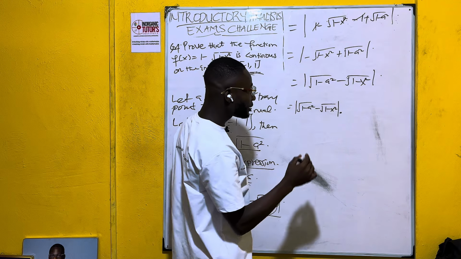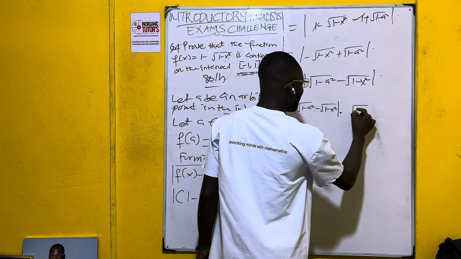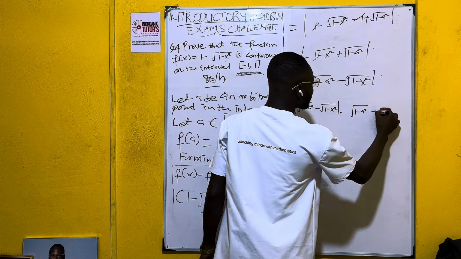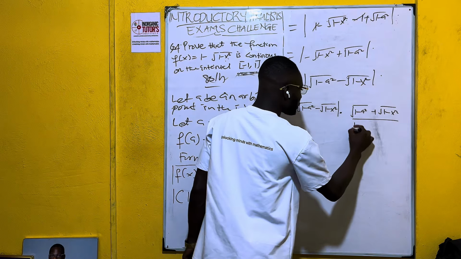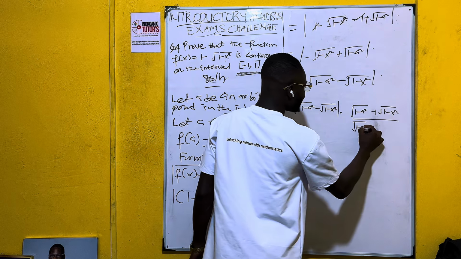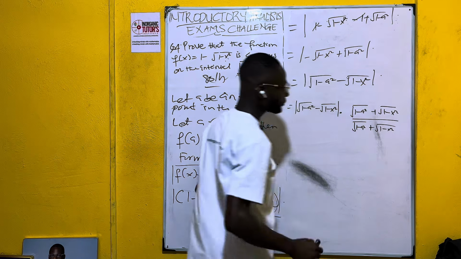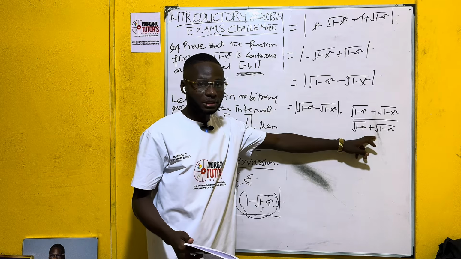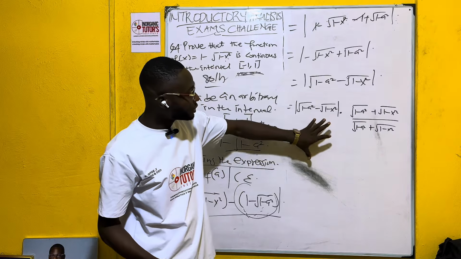The conjugate here is going to be square root of 1 minus a squared plus square root of 1 minus x squared, divided by square root of 1 minus a squared plus square root of 1 minus x squared. Right, so we multiply by the conjugate. So this is what we have.